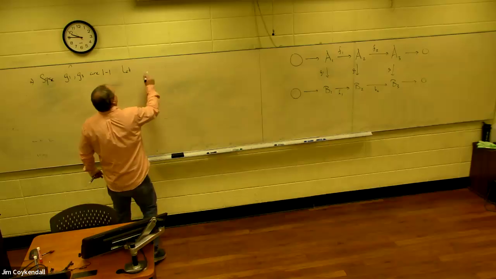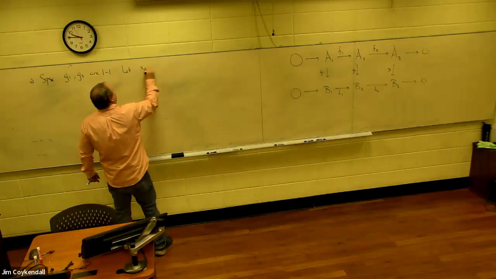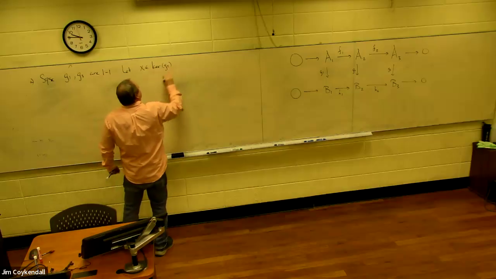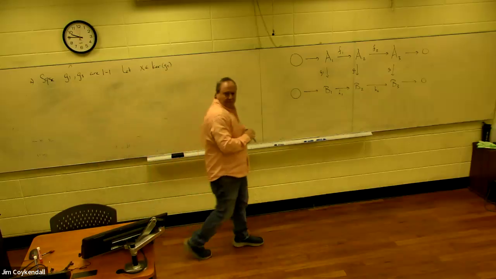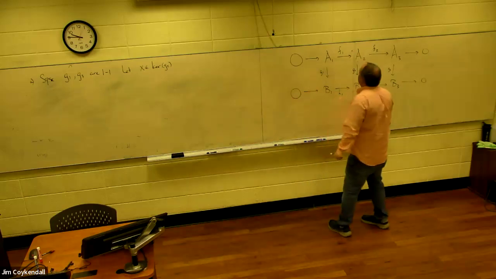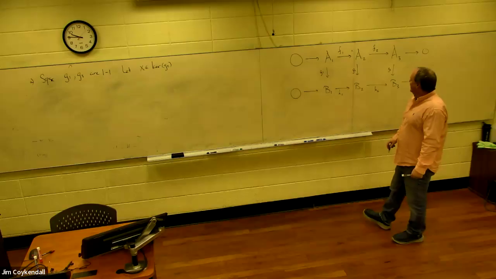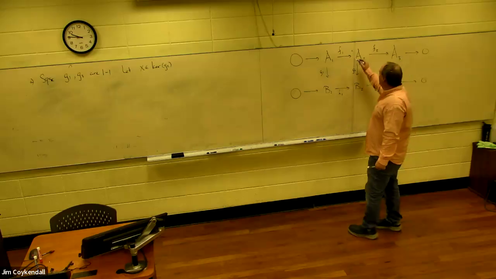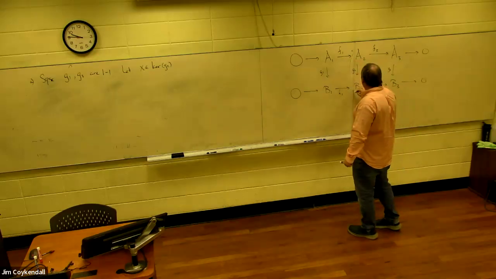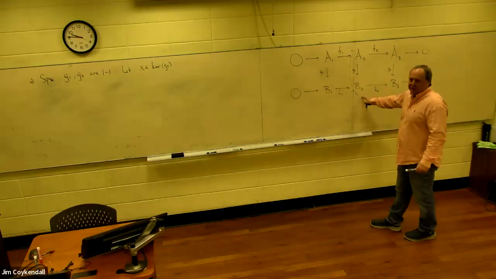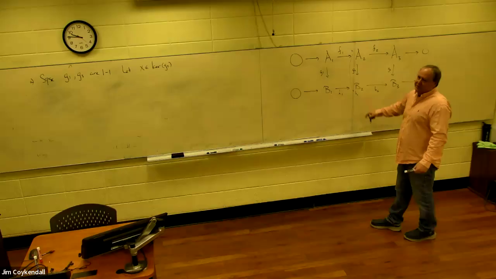Actually, let me call it X. Let's distinguish it. So I've got some X here, right? What do I know? I know it's in the kernel of G2, right? And I want to prove that, of course, I want to prove that this is 0, but all I know at this juncture is it goes to B2. Right, that's the best I can do.